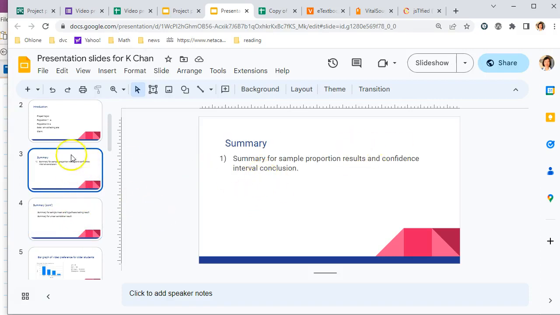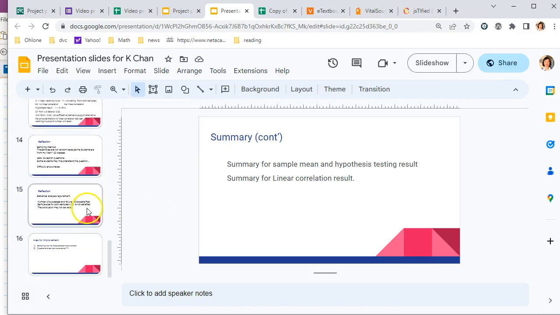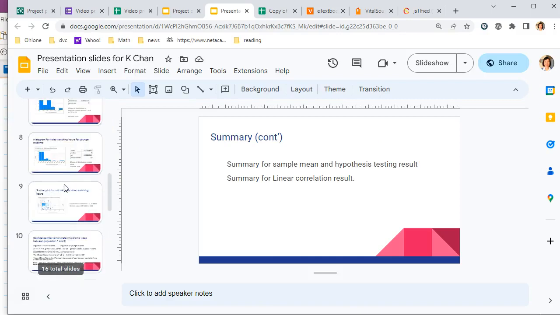Summarize them in these 2 slides. But you can work on it yourself, okay? Or you can look at the student presentation samples to see how they write the summary.